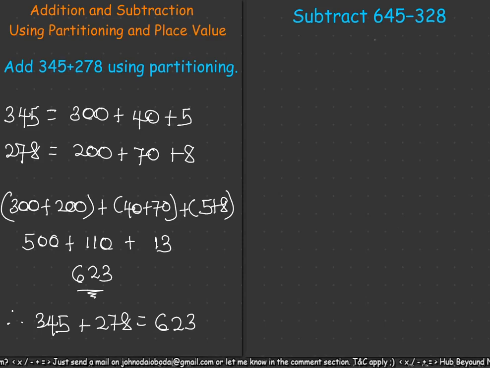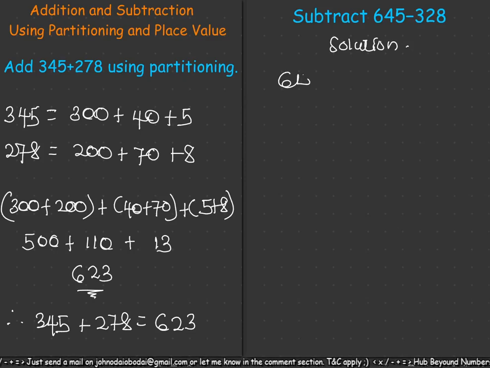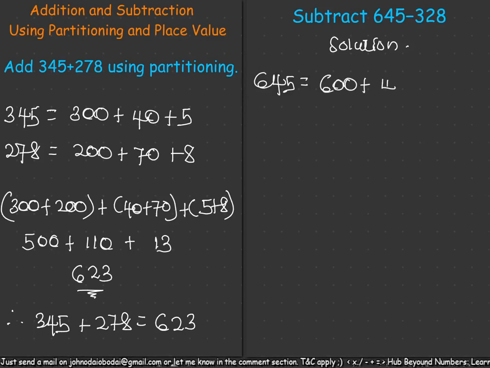Now, we have 645 minus 328. What we need to do is write our numbers in their partition, or expanded form. So my 645 becomes 600 plus 40 plus 5.